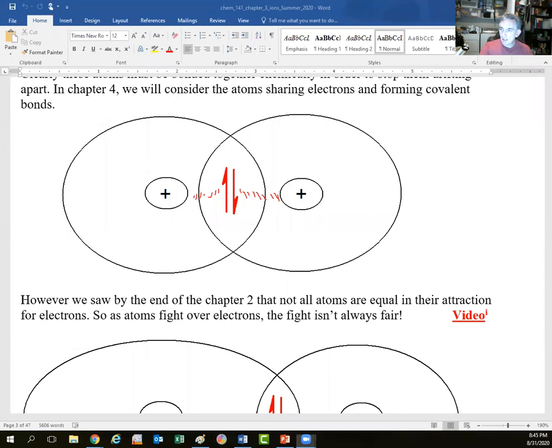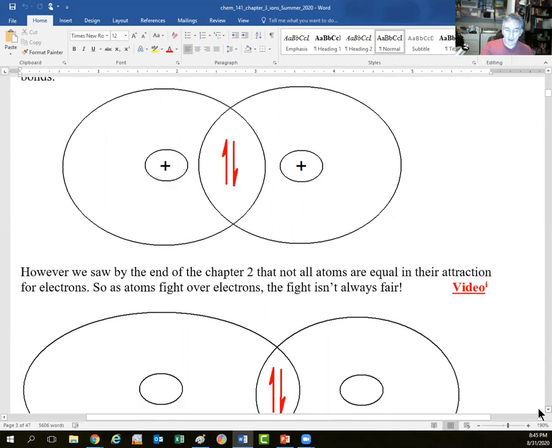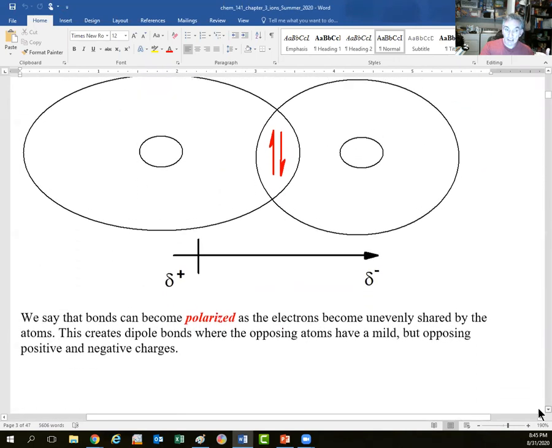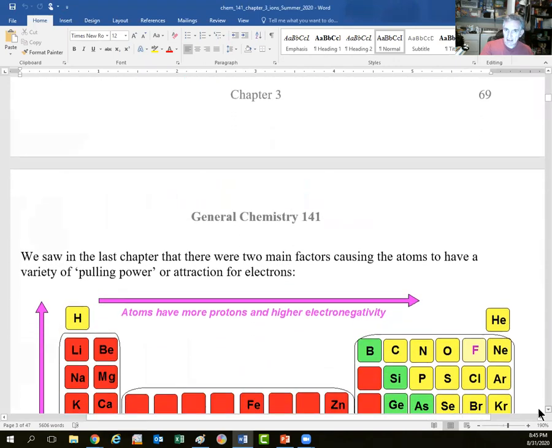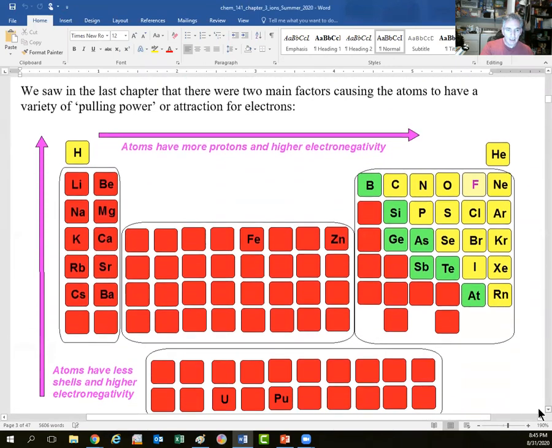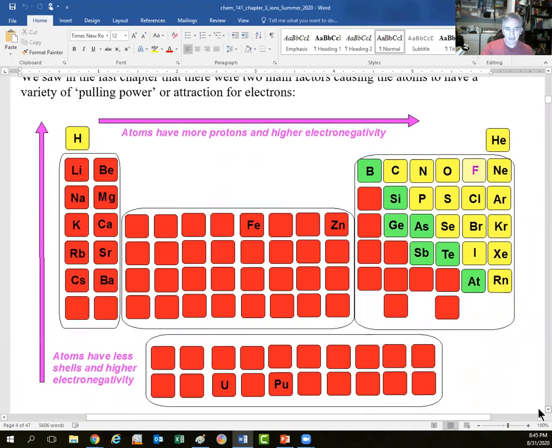However, things are not always equal in chemistry. And we know about this already from chapter 2 because we've looked at the atom's ability to attract electrons, what we call the electronegativity. And there are two steady trends in the periodic table. One was from left to right.